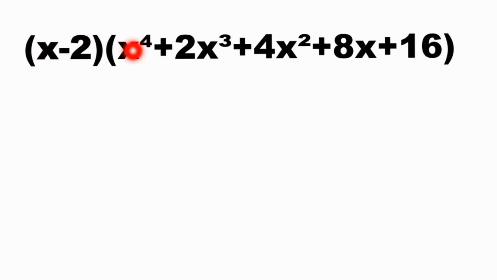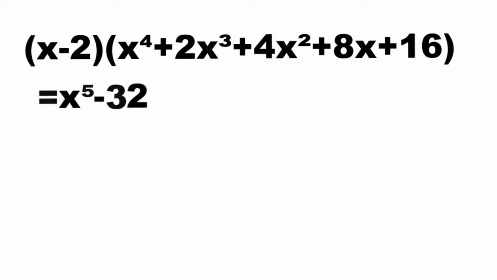We just multiply this one and this one, and minus 2 times 16. x times x to the fourth is x to the fifth, and 16 times 2 is 32, and the sign between the two is negative or minus.